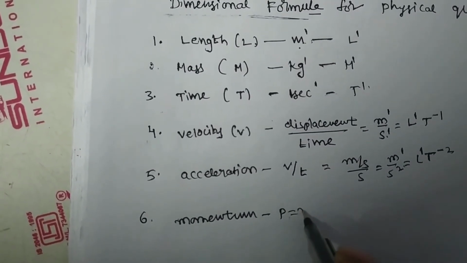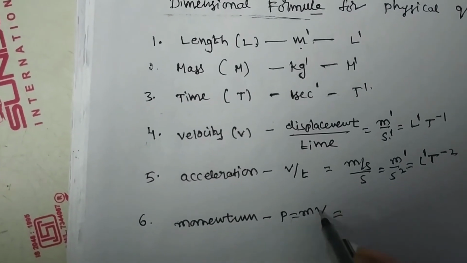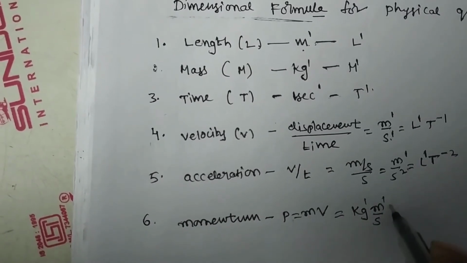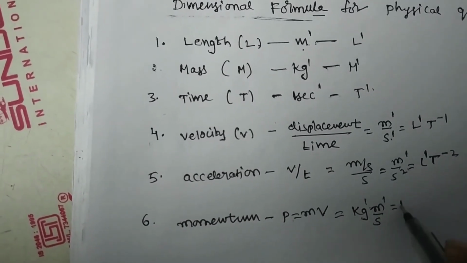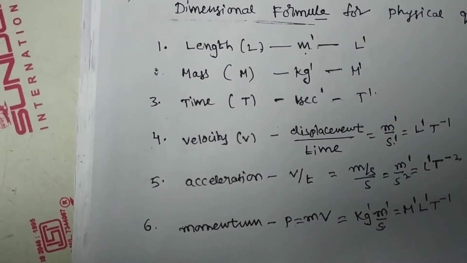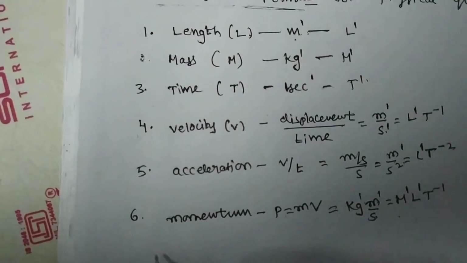Momentum is the product of mass and velocity. Mass unit is kg, velocity is meter by second. So kg is represented as M, meter as L, second as T. That is the dimensional formula for momentum.